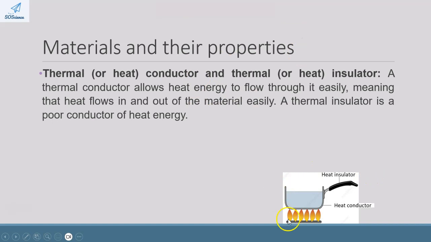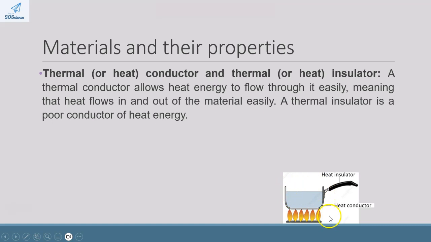So if you're going to heat up food or water or soup in a pot, well, the material that the pot's made of is a wonderful thermal conductor. So it will absorb the heat from the stovetop. It will absorb it into the metal, and then it will cook your food.